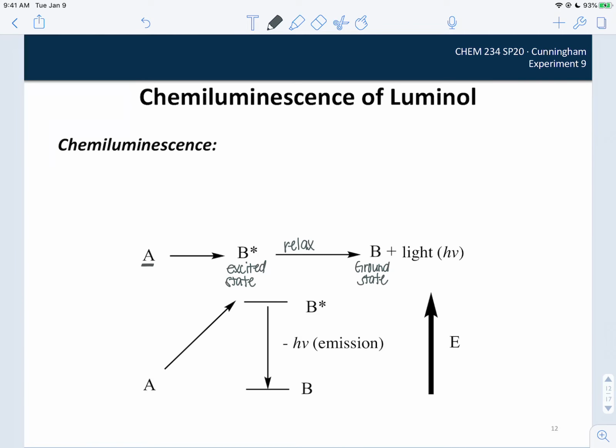So we can summarize this process. A molecule undergoes a chemical reaction, generating an excited state product.